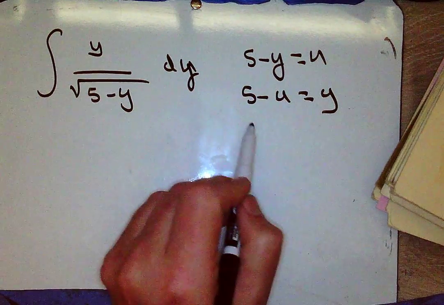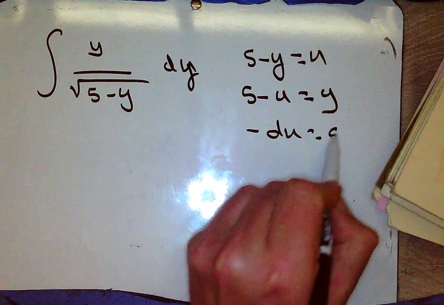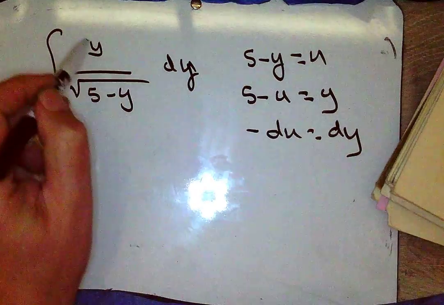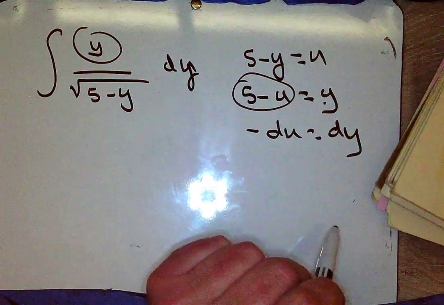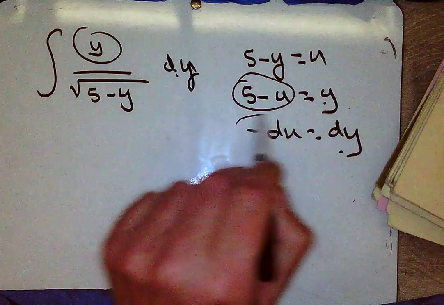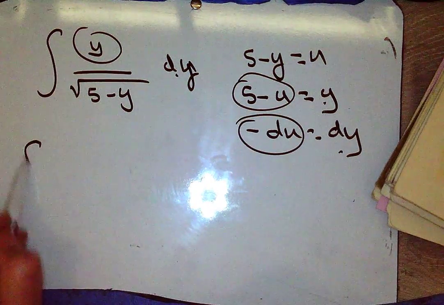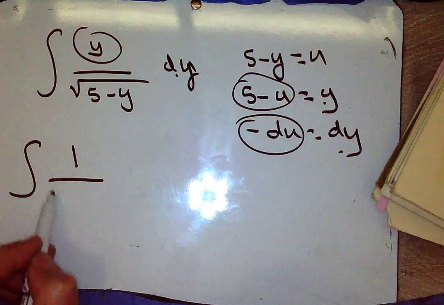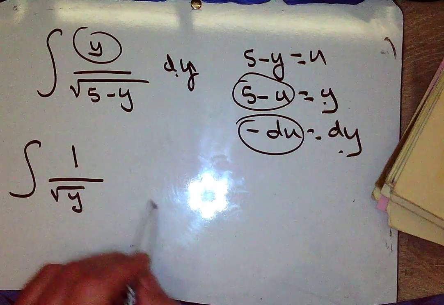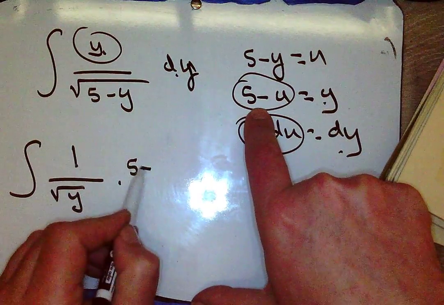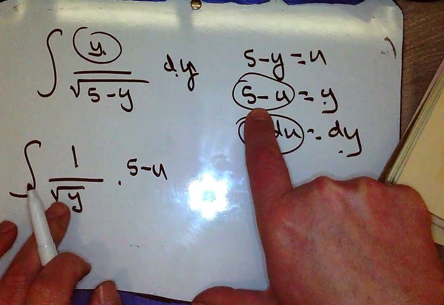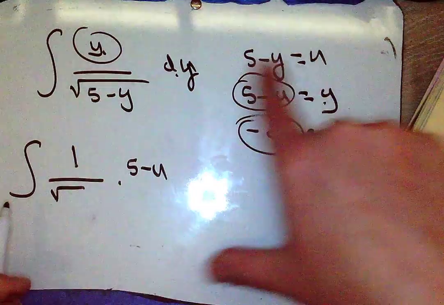And if I take the derivative of both sides, so here's y, y is this. Here's dy, dy is this. So I've got 1 over square root of y times y. Sorry, square root of u.